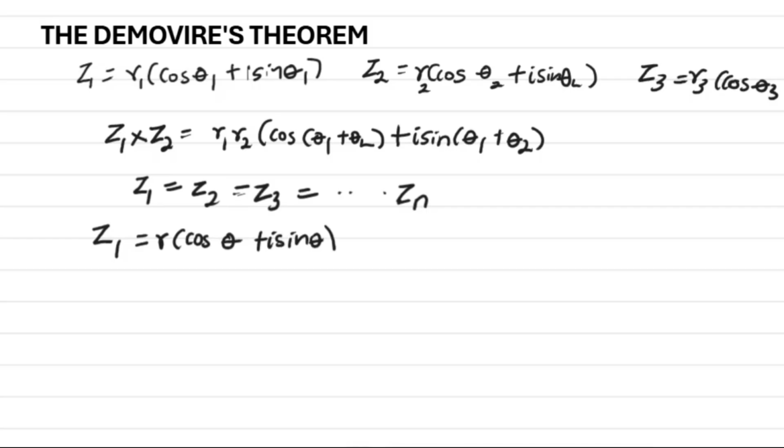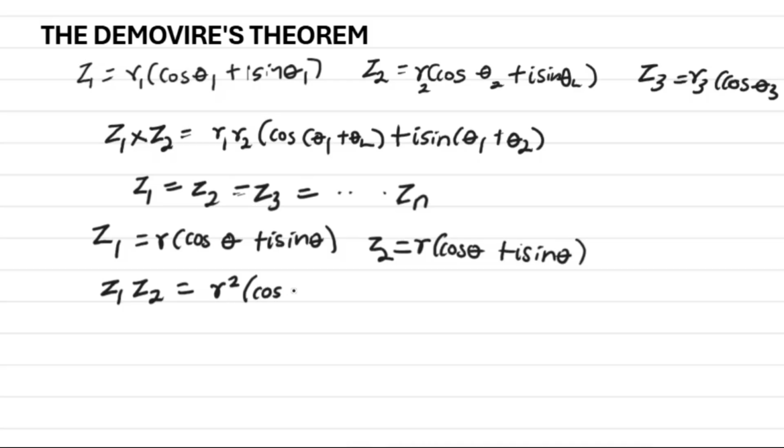Since z2 is the same thing as z1, we still have r cos theta plus i sine theta, and z3 is still the same. From here, z1 times z2 gives us r squared, which is r1 times r2, into cos 2 theta plus i sine 2 theta.